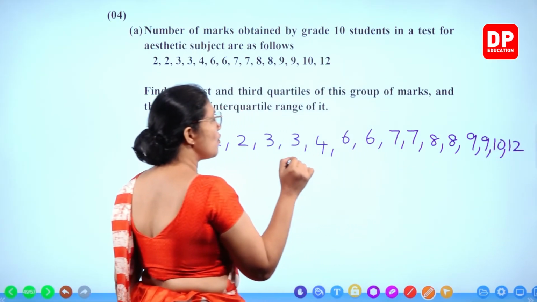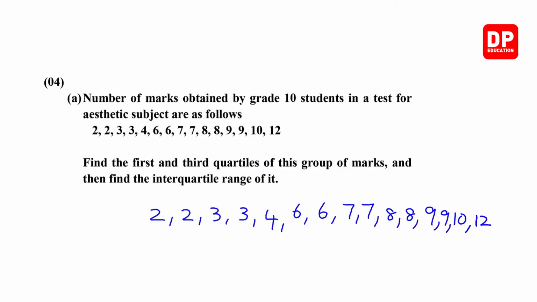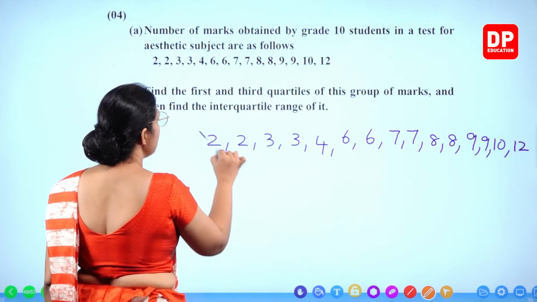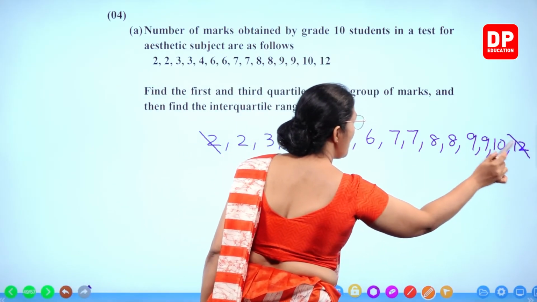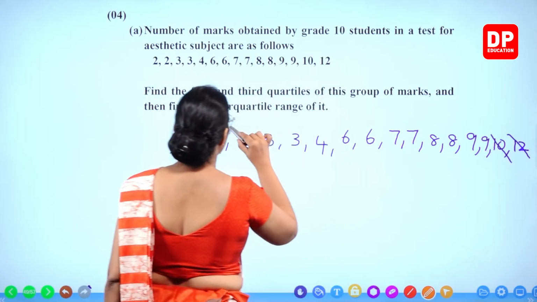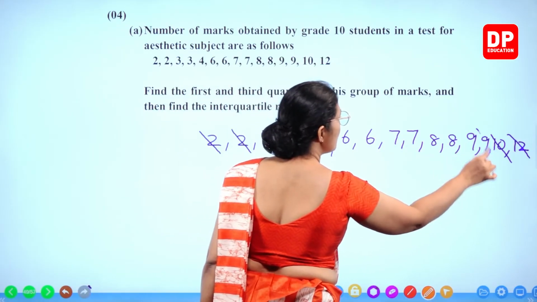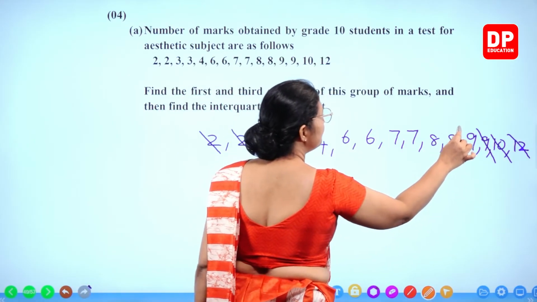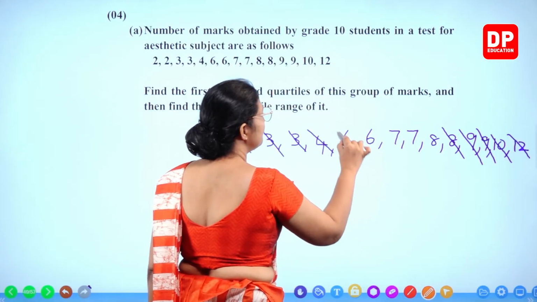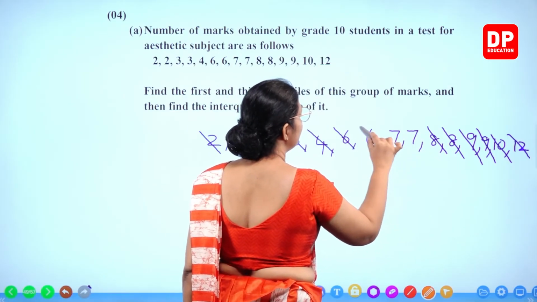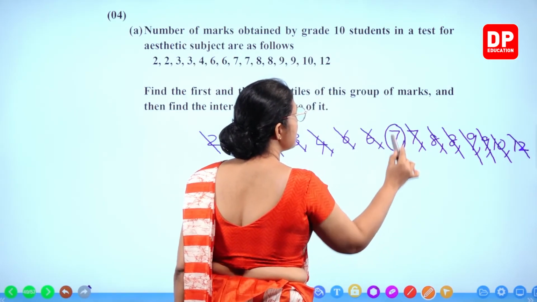So let's find the median. After you write down all the numbers, you cross out from the corners and find the median value. When you cross it out, you get the median as 7.